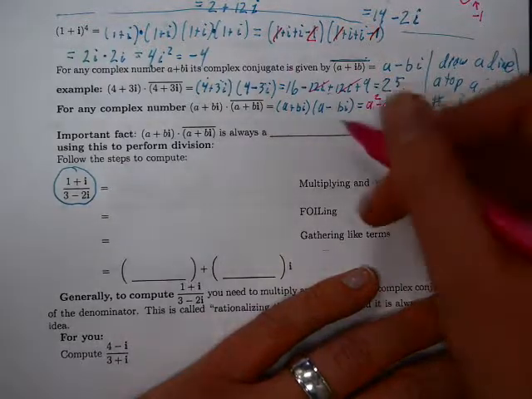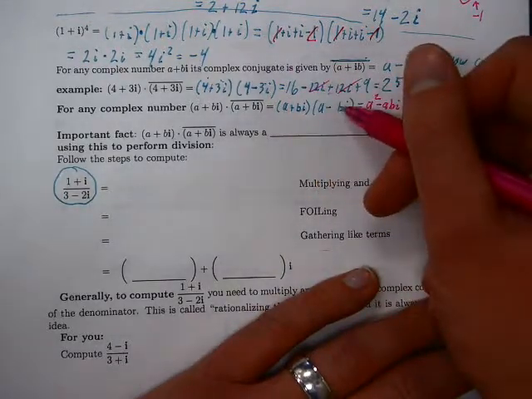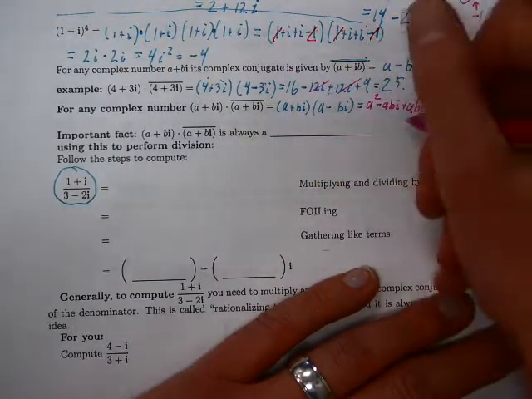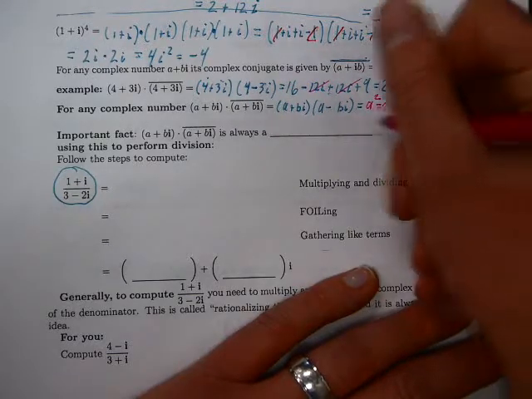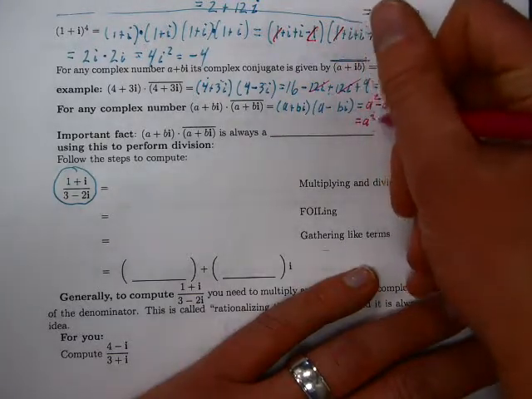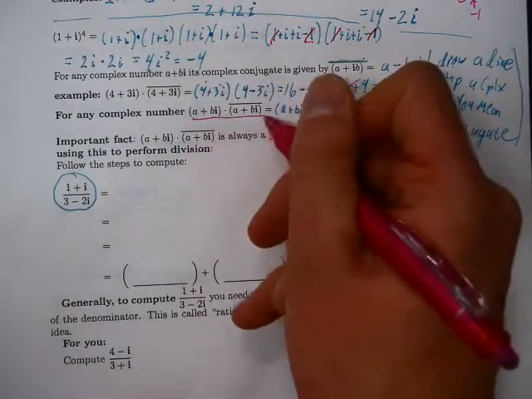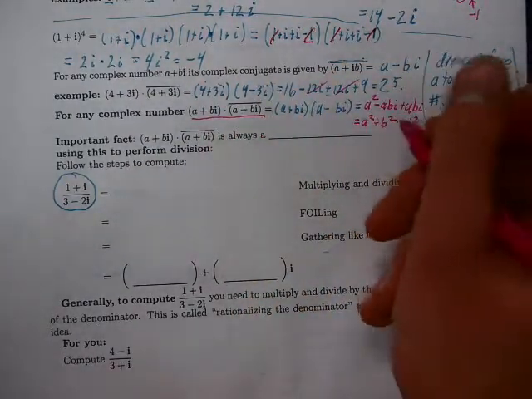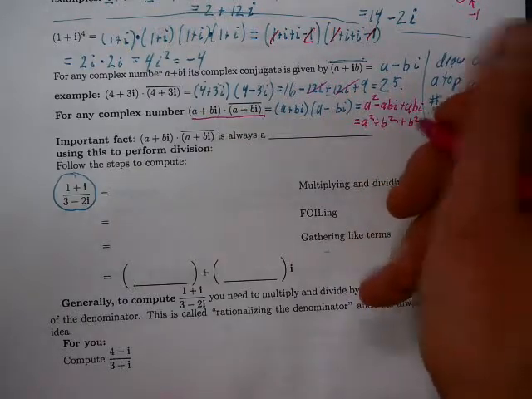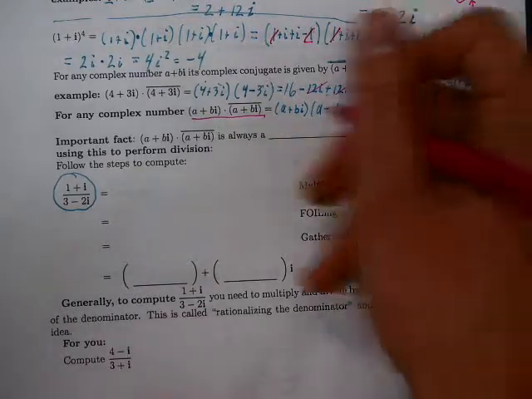And then the final term, b times minus b, so minus b squared times i squared, plus b squared. It's always a squared plus b squared. So a plus bi times the conjugate of a plus bi is always a squared plus b squared.